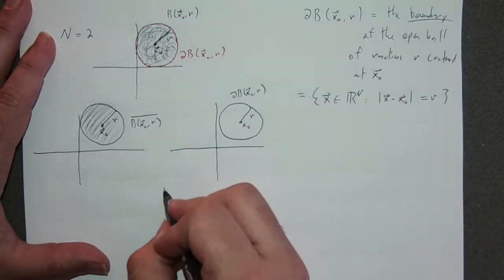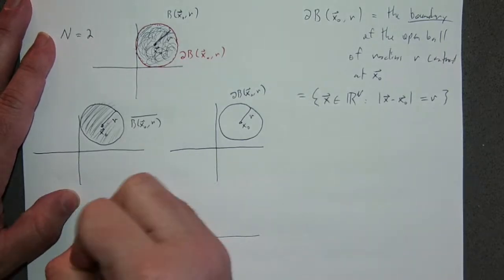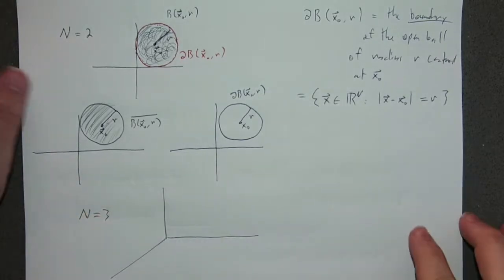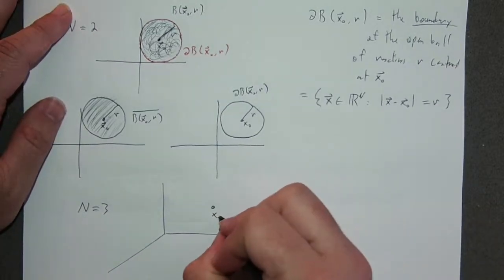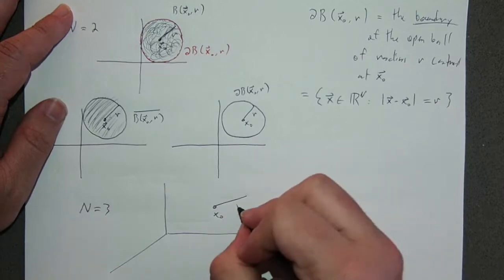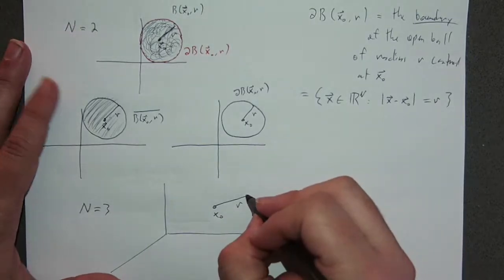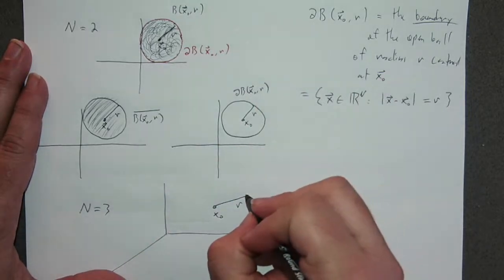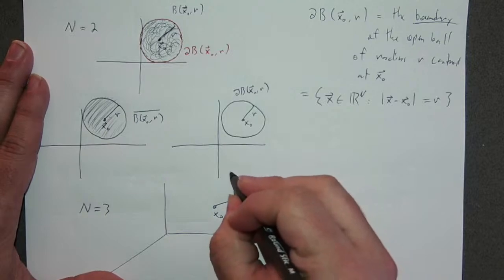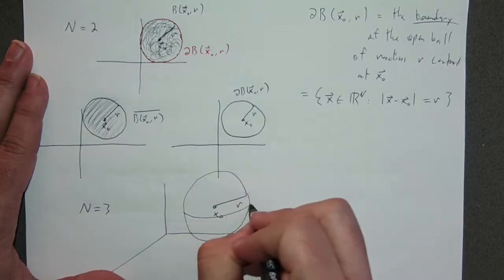Of course, if we do this for 3 dimensions now, here's a point x naught, and here is some point I've indicated r that is like a radius. Then the open ball would be a 3-dimensional ball in this way.